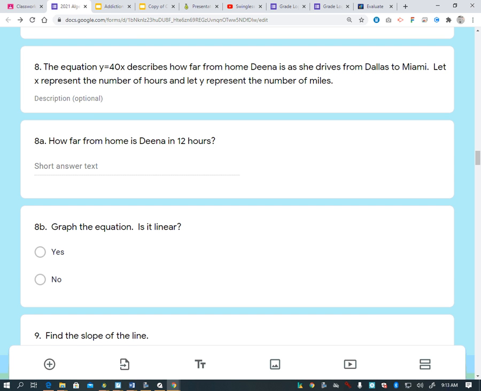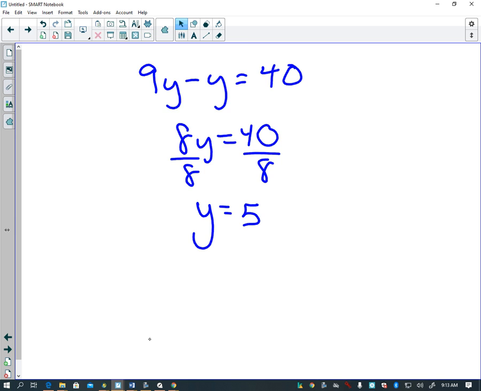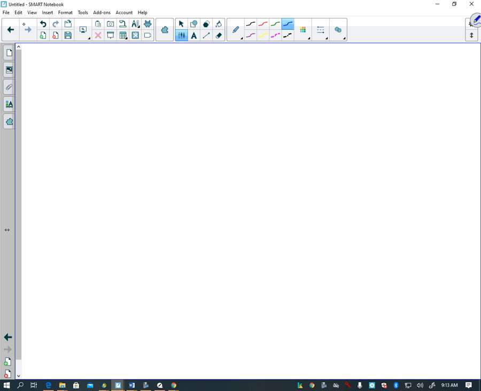The equation y equals 40x describes how far from home Dina is as she drives from Dallas to Miami. We're going to let x represent the number of hours, let y represent the number of miles. How far from home is Dina in 12 hours? So let's come over here. y equals 40x.